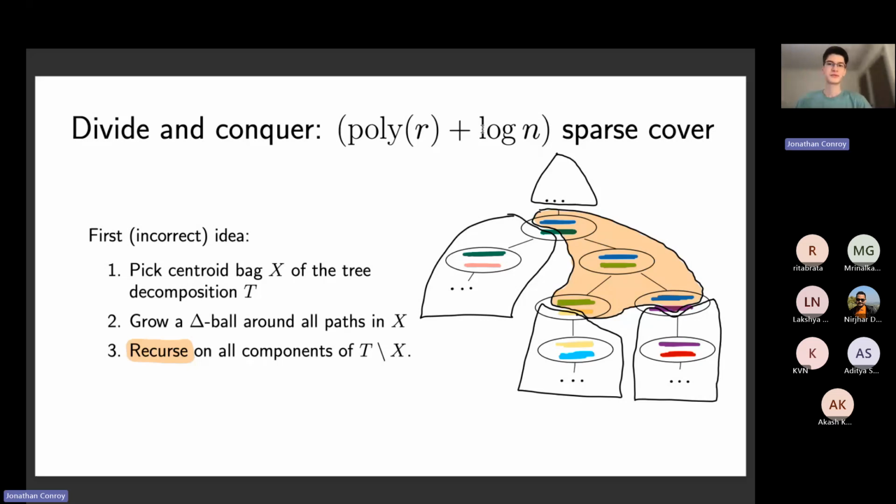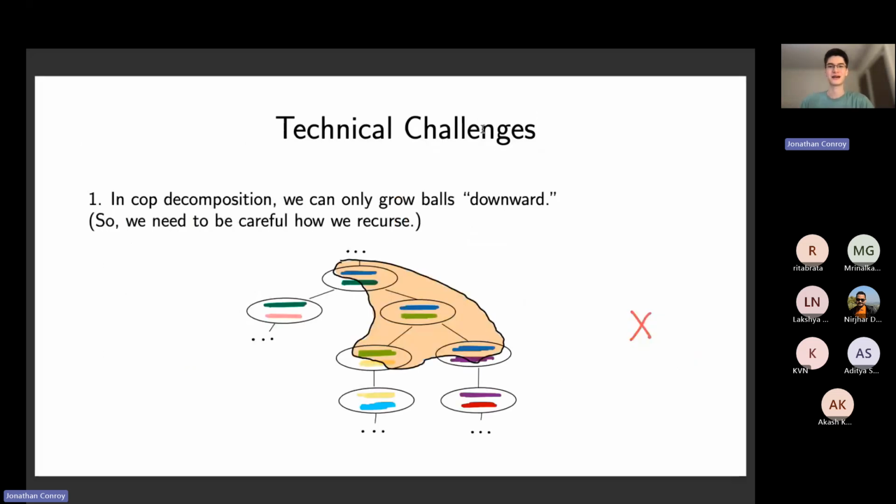There's two issues here. So first is this doesn't work. You can't just grow a ball around a bag in the tree decomposition, because our COP decomposition is not a decomposition into shortest paths. It's a decomposition into these downward shortest paths.